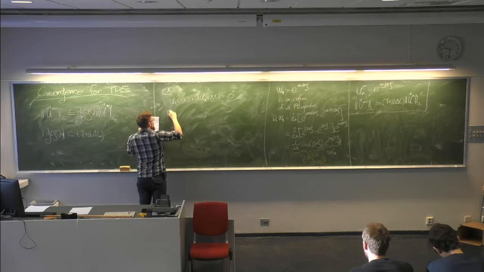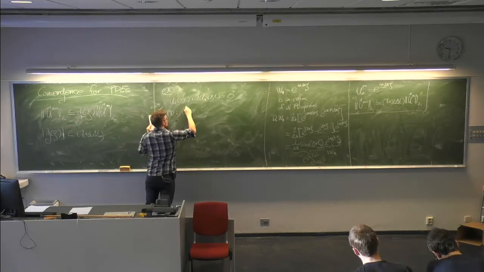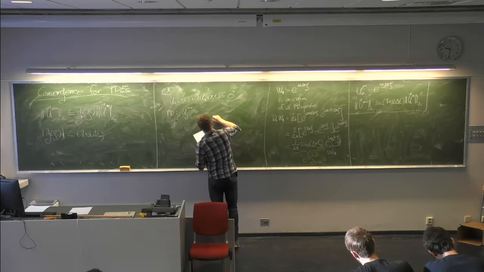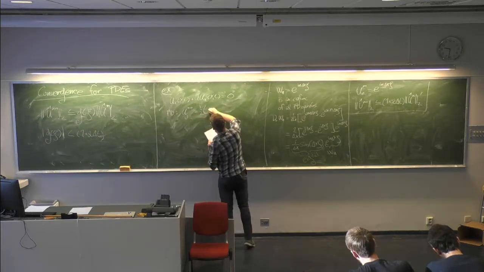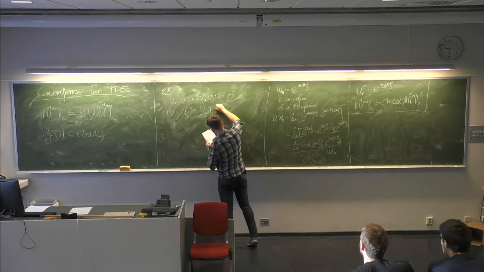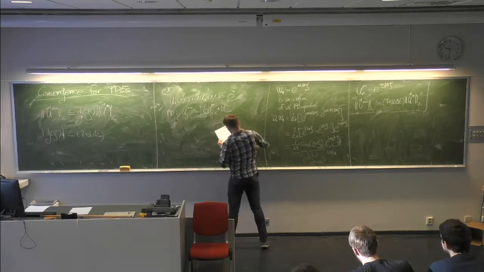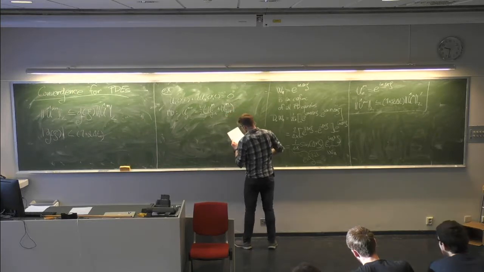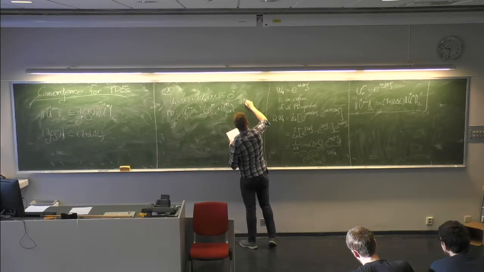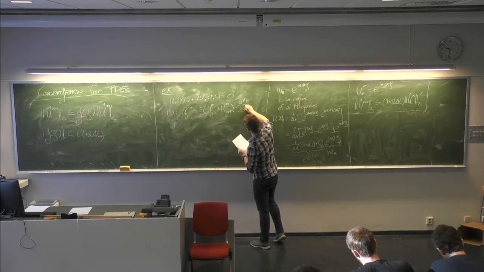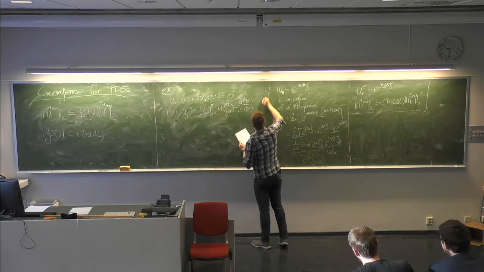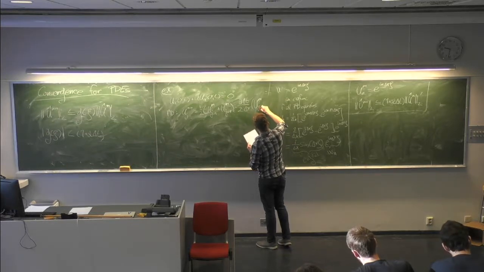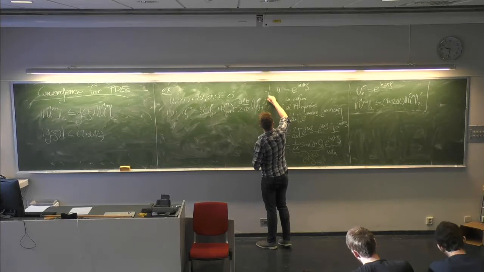So the finite difference method here will be u j at m plus 1 equals the central difference, u j at m, minus a delta t over 2 delta x times u j plus 1 minus u j minus 1 at m.